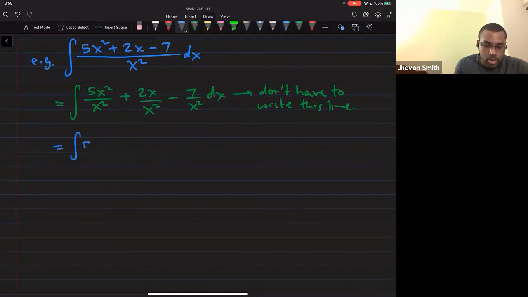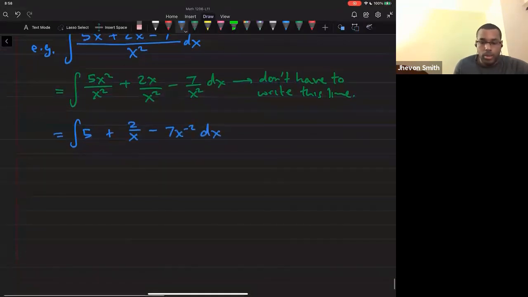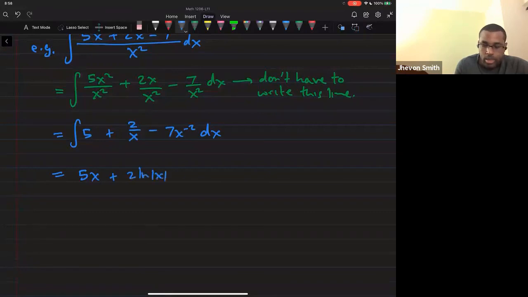This is just the antiderivative of 5 plus 2 over x minus 7x to the minus 2 dx. And so the antiderivative of 5 is 5x. 2 over x is 2 ln of absolute value of x. And for this guy, I'm going to add 1 to the power, which gives me a minus 1, and divide by the new power.